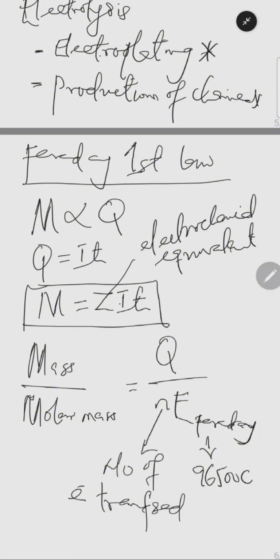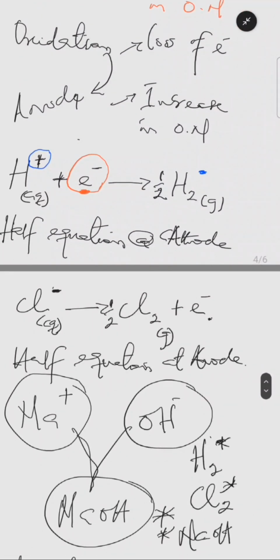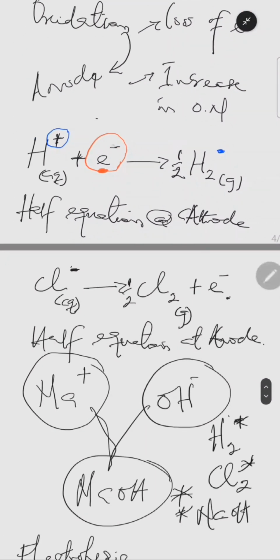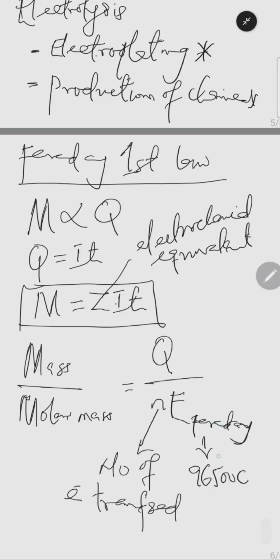How are you going to know the number of electrons transferred? Let's go back. In this reaction of sodium chloride, we have one electron that was gained by hydrogen. Hydrogen gained one electron because the reactant side is gaining, while chloride lost one electron, you can see. So it means it is just one electron that is transferred between them. So for electrolysis of brine, your N will be 1, your F will be 96,500. Your Q can be calculated from IT, while your mass and molar mass can be input. So you can easily have your calculation done using these two formulas.